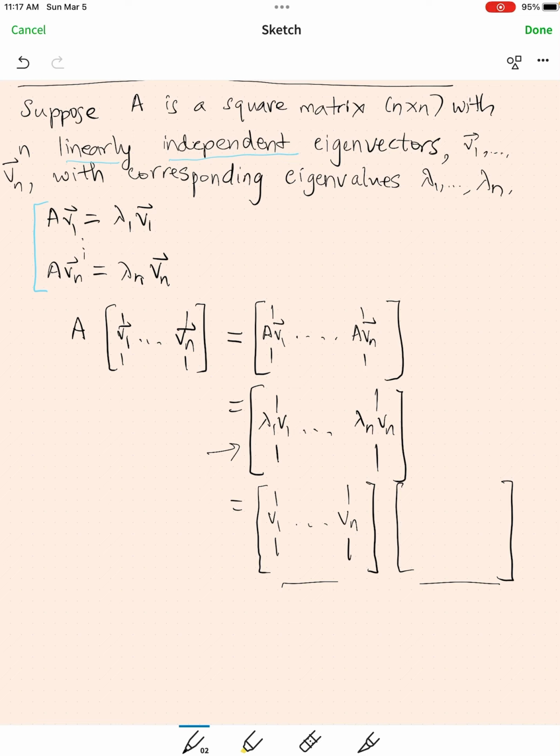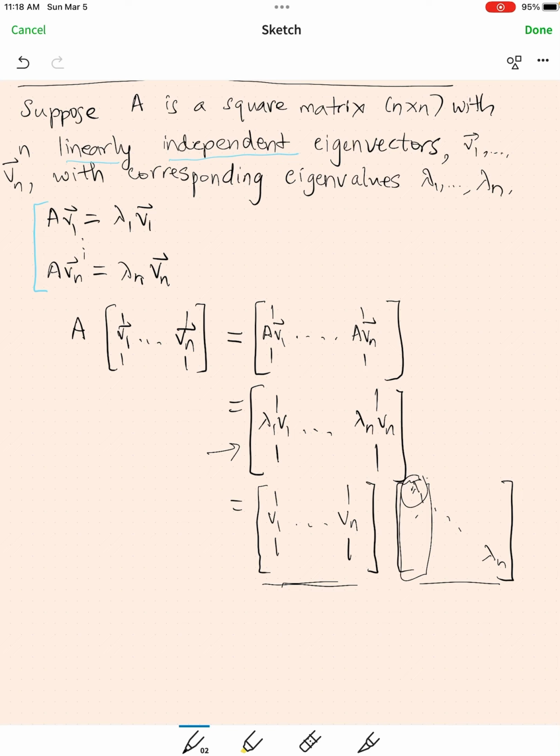It's going to be this diagonal matrix lambda 1 through lambda n. Because remember, when you multiply a matrix by a matrix on the right, you're taking linear combinations of the columns. So if I do this matrix by this column, it's going to be lambda 1 V1 plus 0 V2 all the way to 0 Vn. That's just lambda 1 V1. Right?